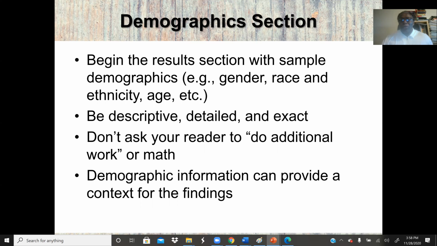Example would be what is the exposure or the risk on this population or the sample, and what is the outcome, and what analysis we did for us to be able to determine that the risk factors are related to the outcome.